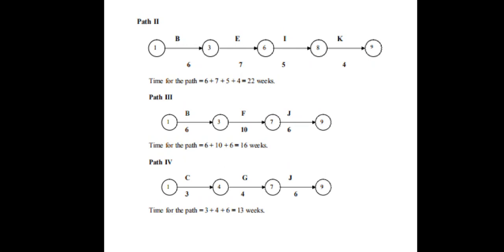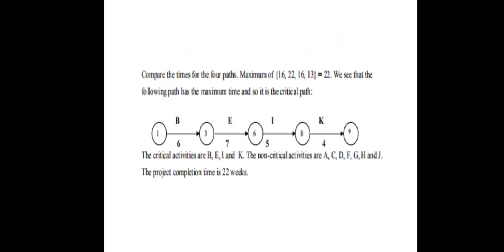We have to compare the durations for all the paths, and the maximum will be the critical path. So 22 weeks will be the critical path as it is the maximum. So 1 to 3, 3 to 6, 6 to 8 and 8 to 9 will be the critical path.